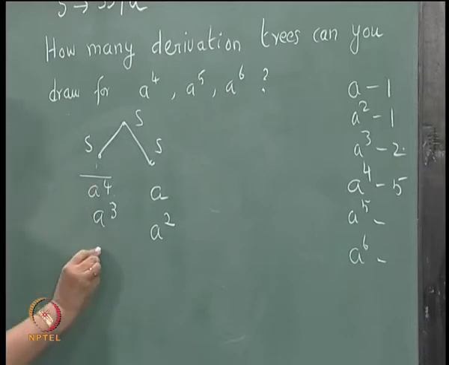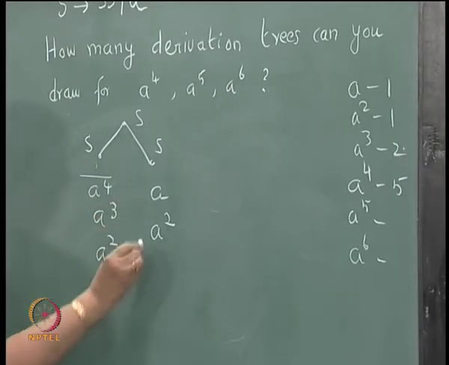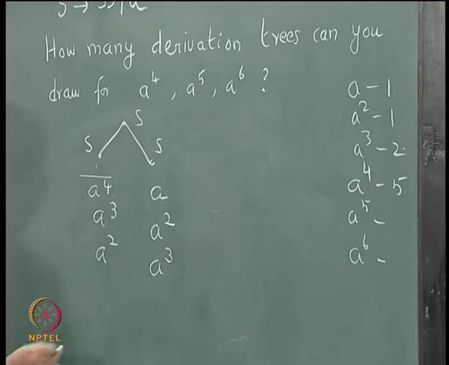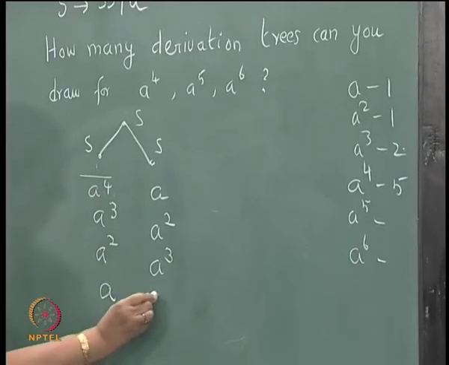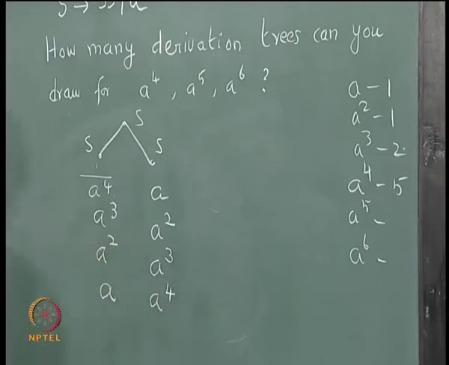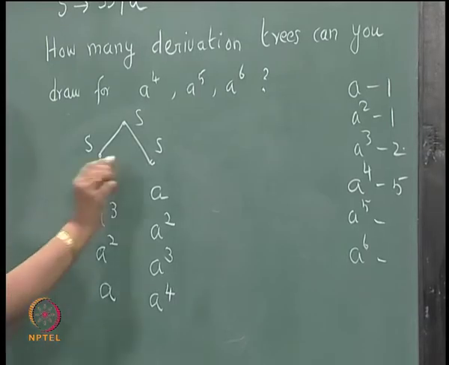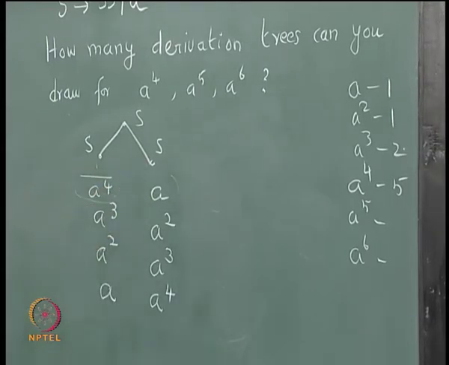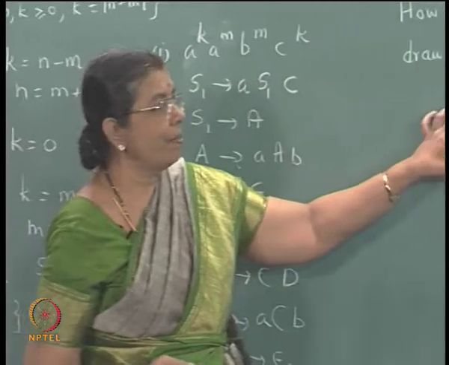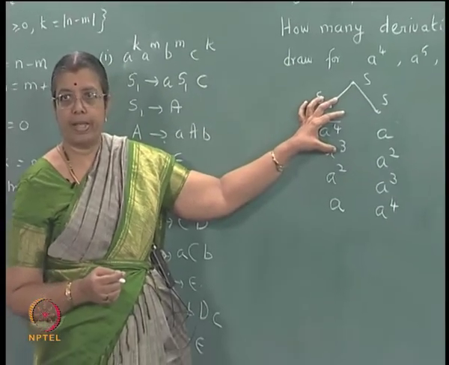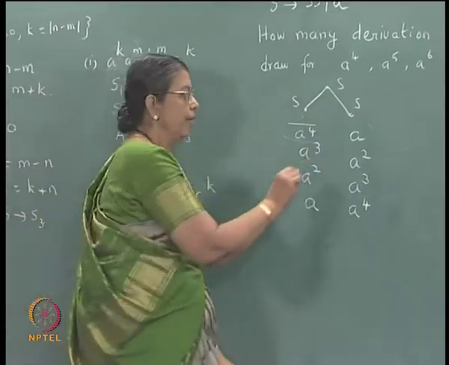From this S you can derive A squared and from this S you can derive A cubed, and from this S you can derive A and from this S you can derive A power 4. Now, how many possibilities will this give rise to? A power 4 itself can be derived in 5 different ways. This subtree itself can be drawn in 5 different ways, right. So, this will give rise to 5.